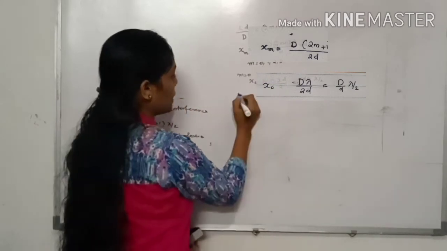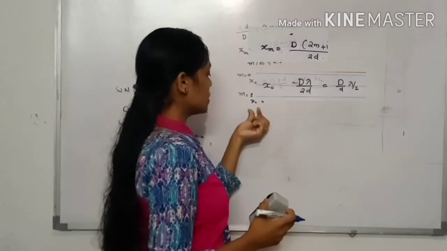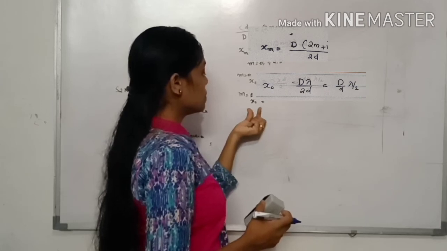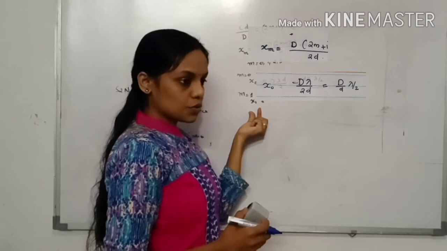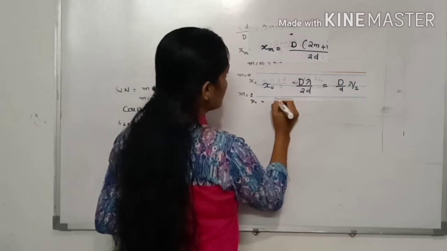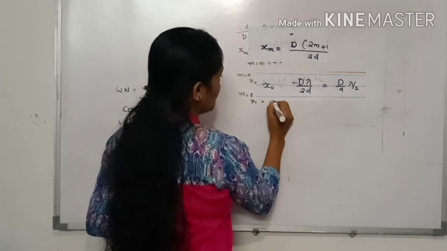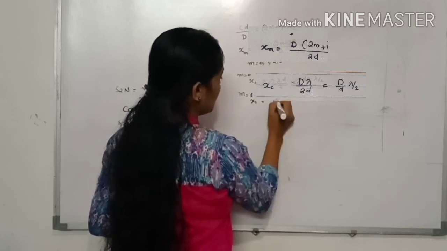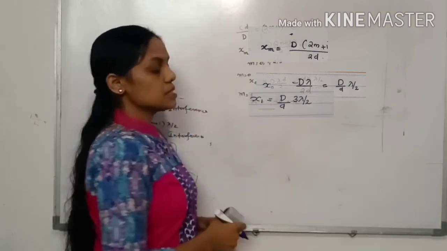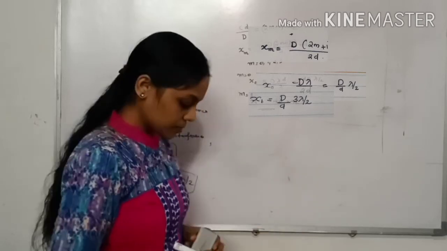When m is equal to 1, x1 is the second dark fringe position. So you will get 3 lambda D by 2d, and at this distance you will get the second dark fringe.